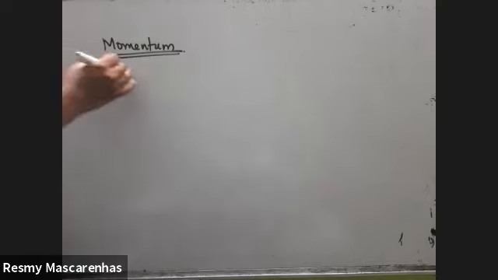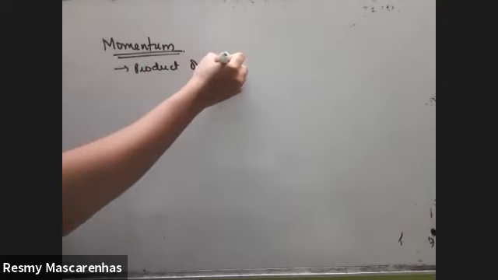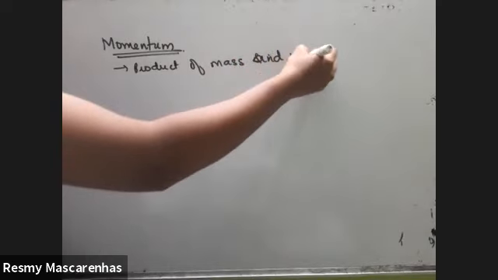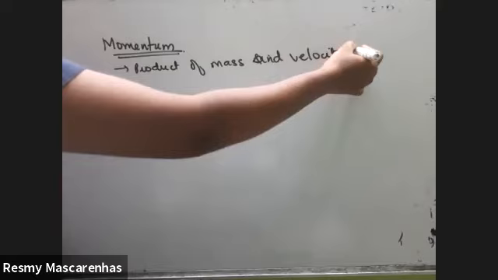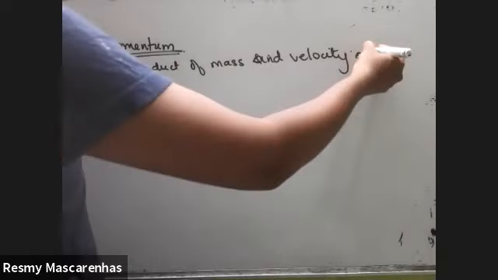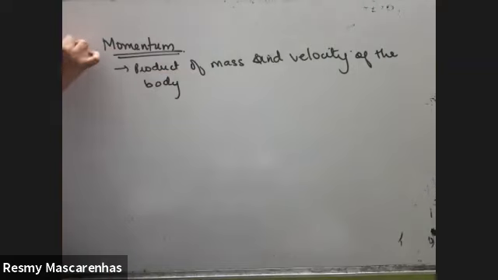Momentum is nothing but the product of mass and velocity of any object. It is also called linear momentum. You can write it as linear momentum.